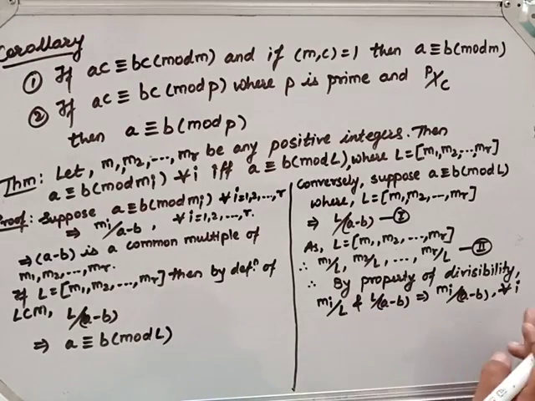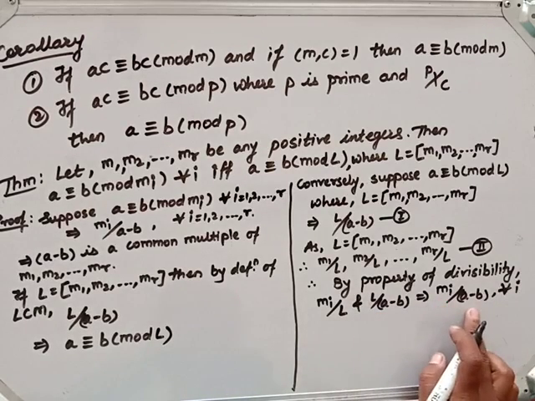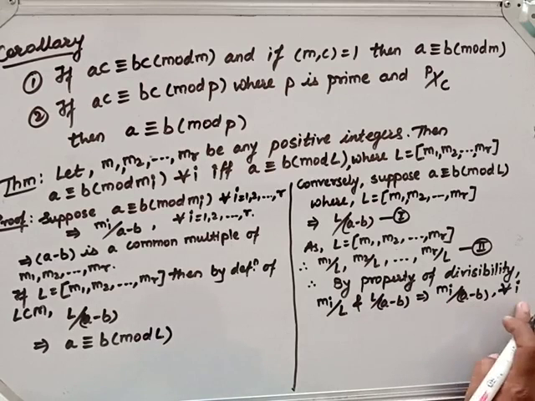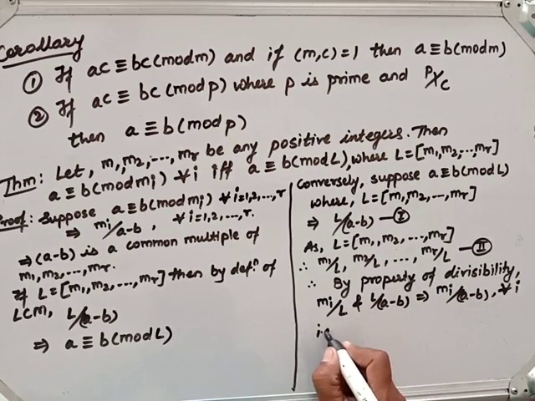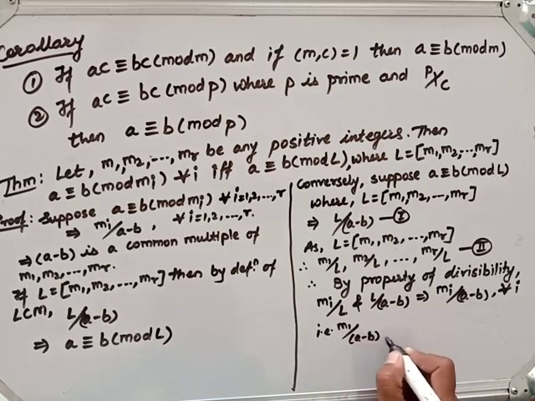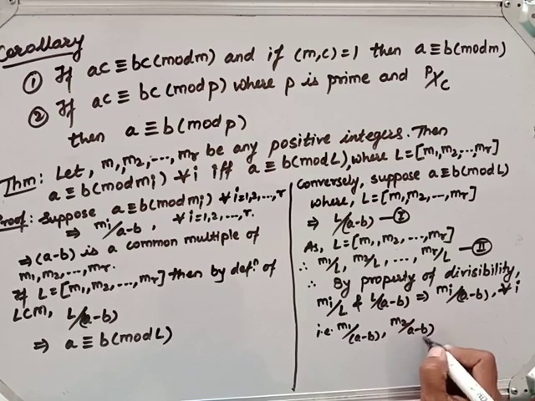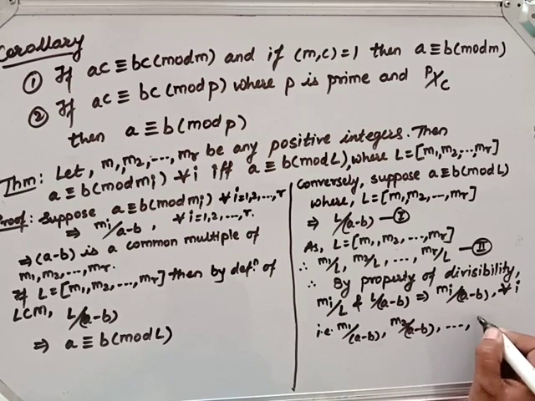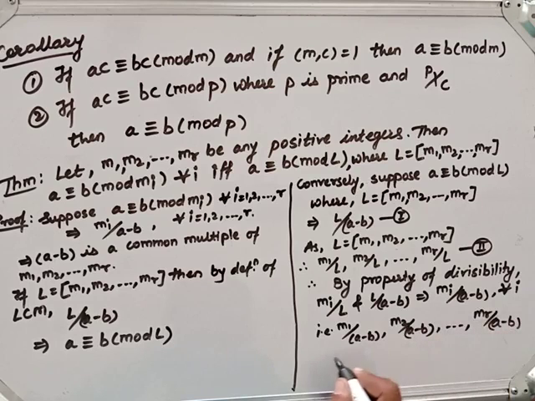This is the case for all i. So Mi divides A minus B for all i. That is, M1 divides A minus B, M2 divides A minus B, and so on up to Mr divides A minus B.